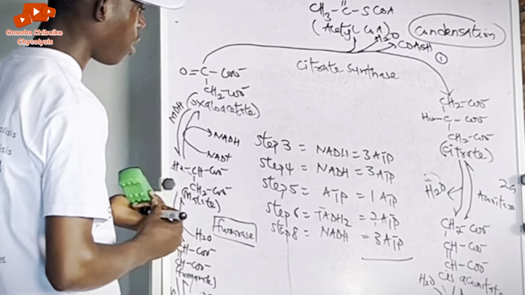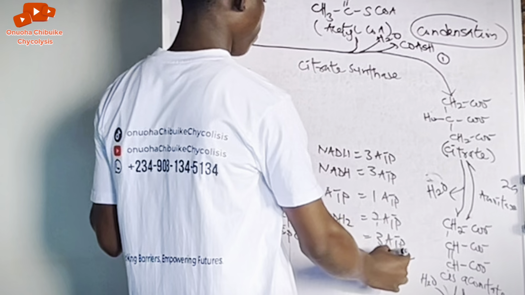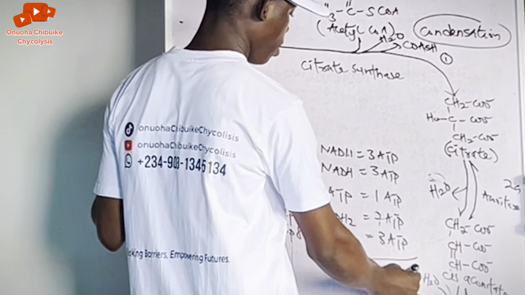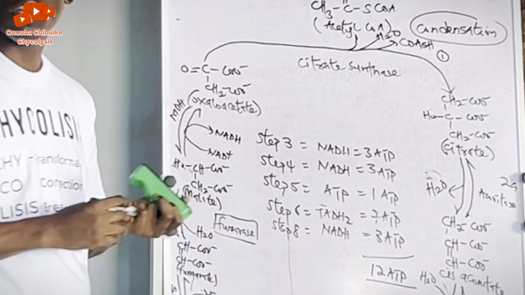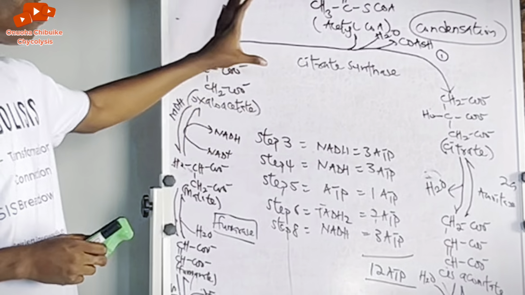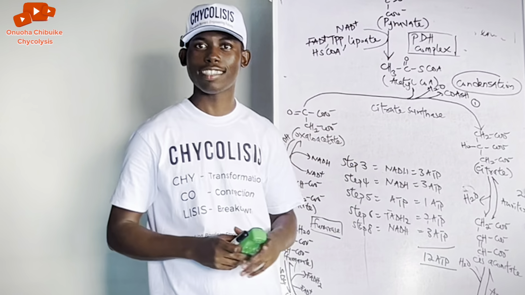So total is what? 12 ATP. So 12 molecules of ATP are produced from the oxidation of one molecule of acetyl-CoA in the TCA cycle.